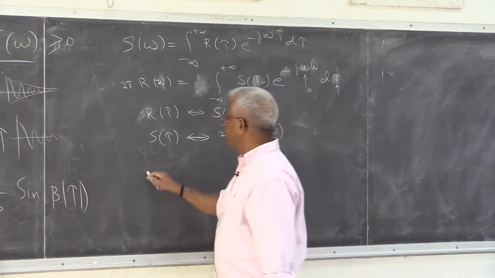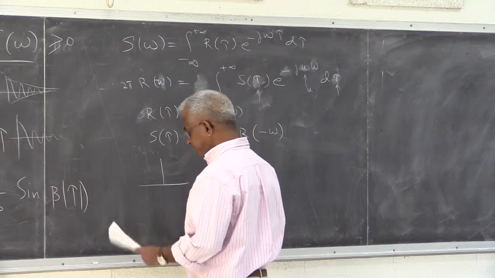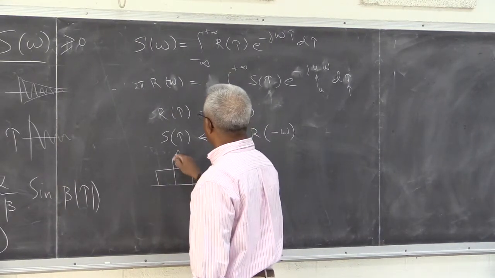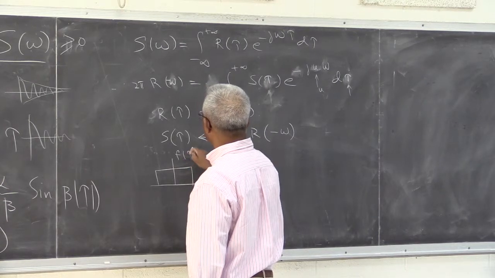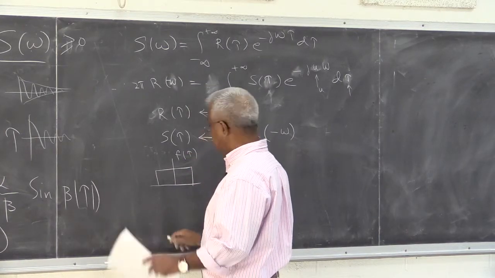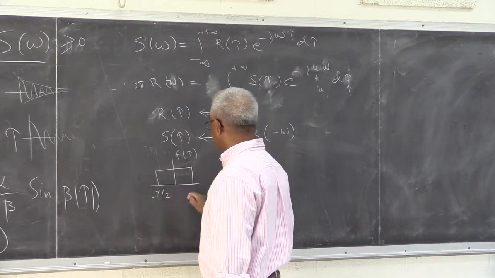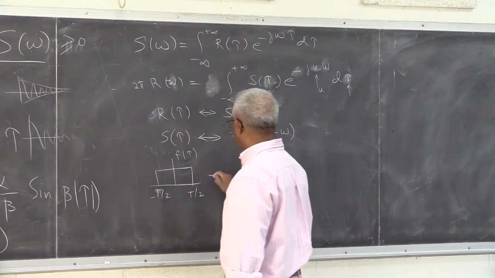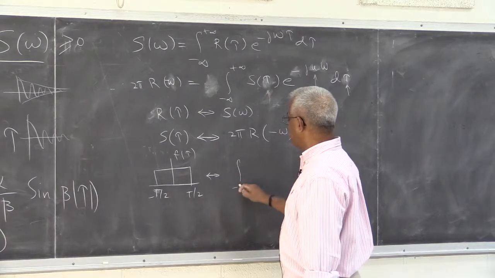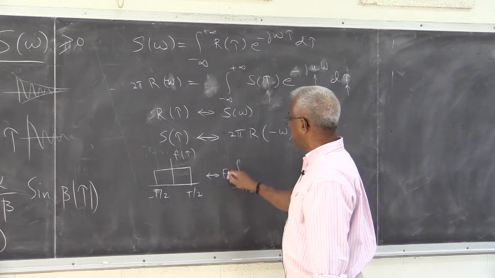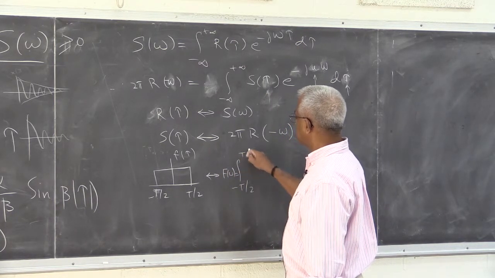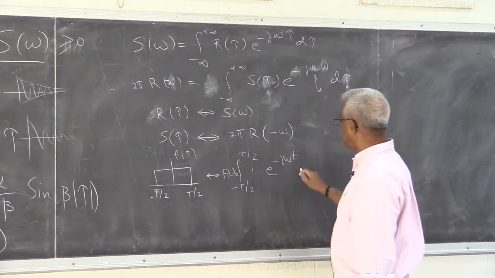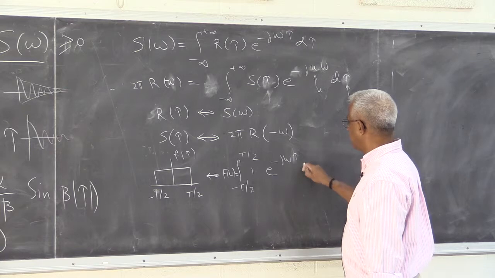So for example, if you take this function r to be f of t, a pulse of width t, then you can quickly compute its Fourier transform: the integral from minus t by 2 to plus t by 2 of 1 times e raised to minus j omega tau d tau.